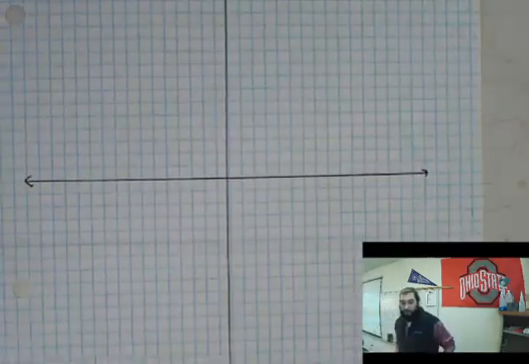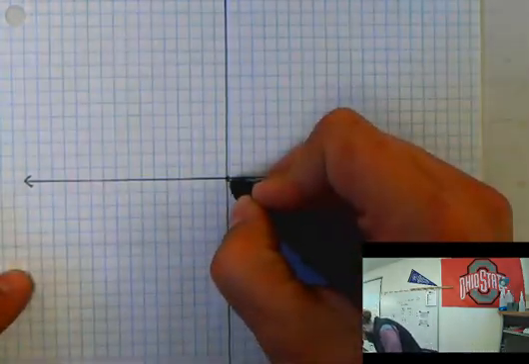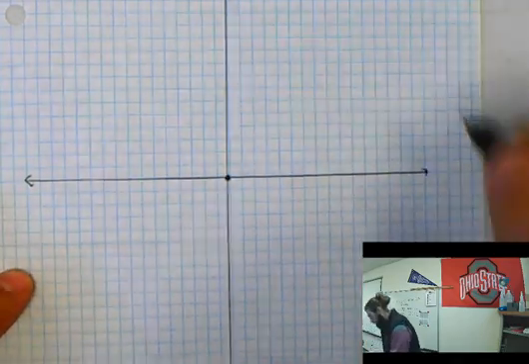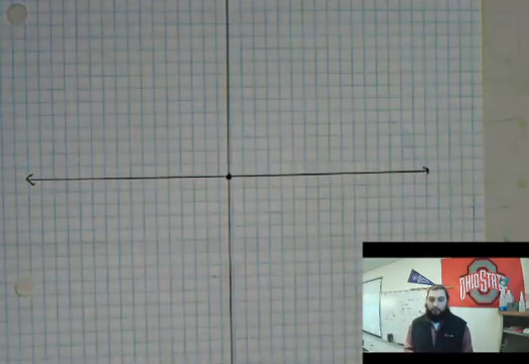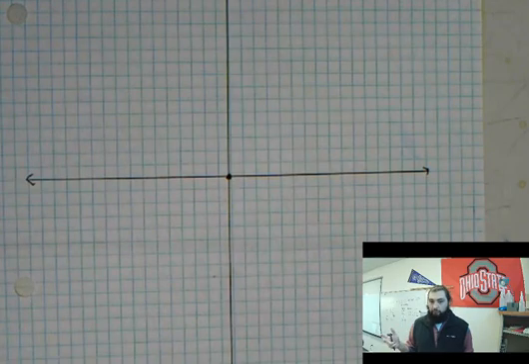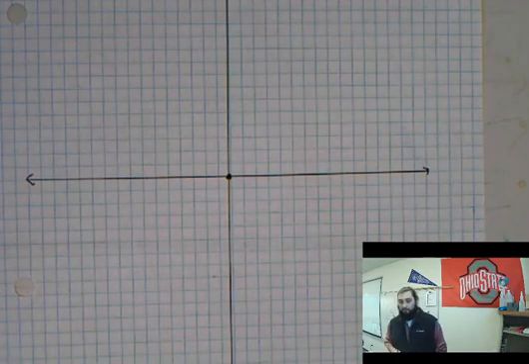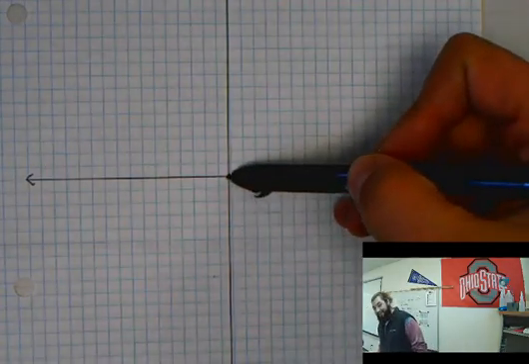As we can see, I've got a coordinate plane. Wonderful. Where we meet in the middle here, for those of you who remember from last year, is called your origin. Your coordinates of your origin are 0, 0. Pretty straightforward. This is where you start. This is where you begin when you go to place values on a coordinate plane. So you always start every point at 0.